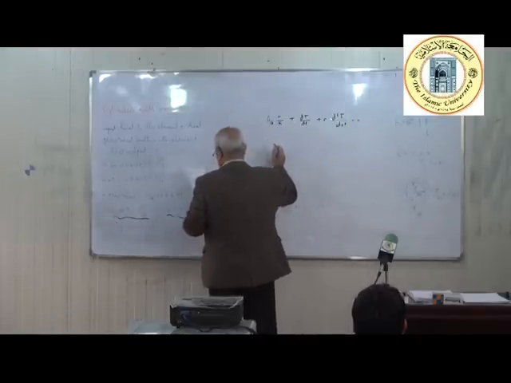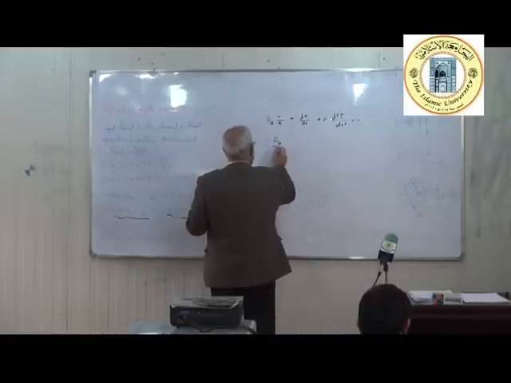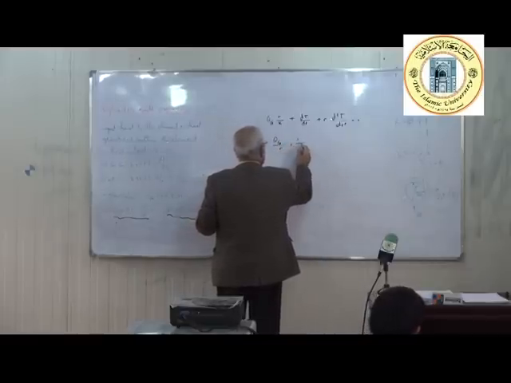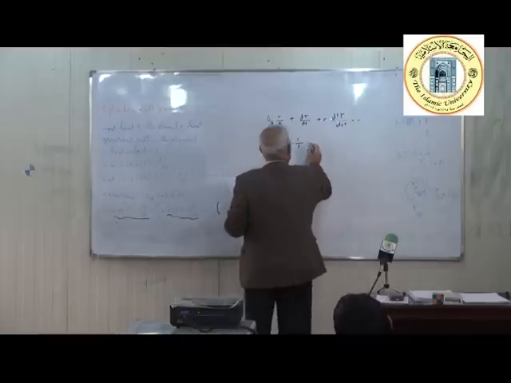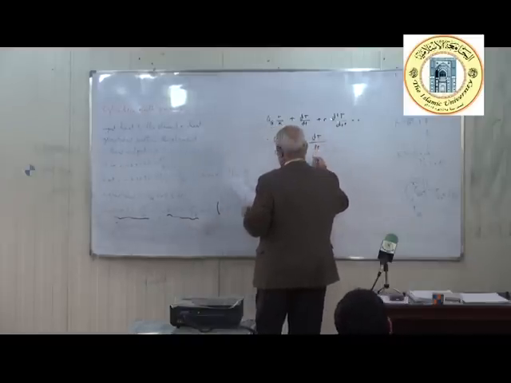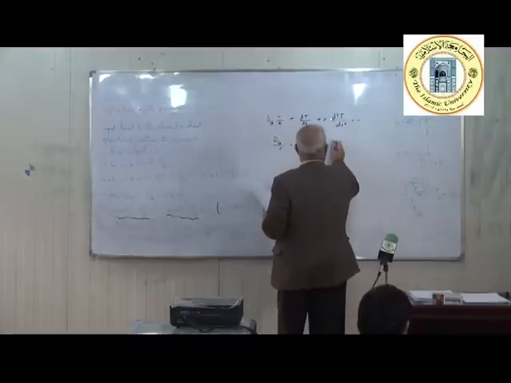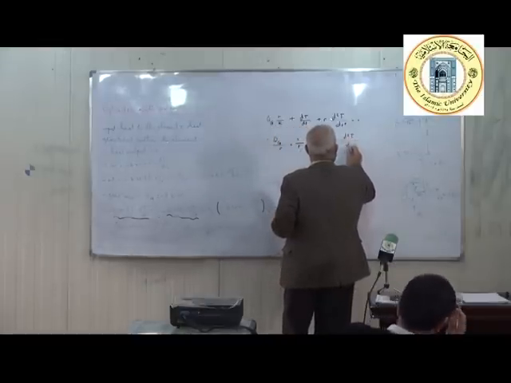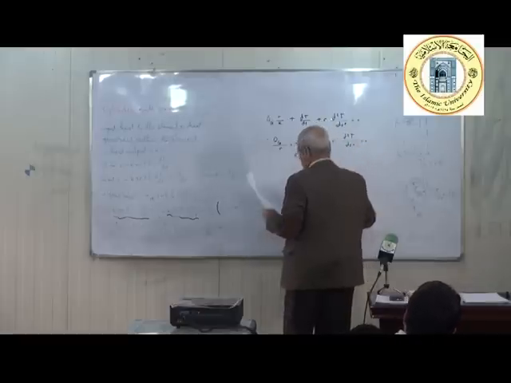Therefore, Q subscript G divided by k, plus 1 upon r times dT by dr, plus d2T by dr squared, equal to naught.